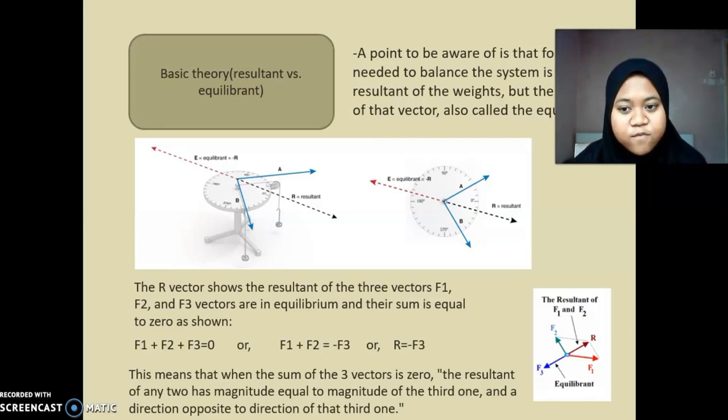F1 plus F2 plus F3 equals 0, or F1 plus F2 equals negative F3. This means that when the sum of the three vectors is 0, the resultant of two of them has a magnitude equal to the magnitude of the third one, and a direction opposite to the direction of that third one.